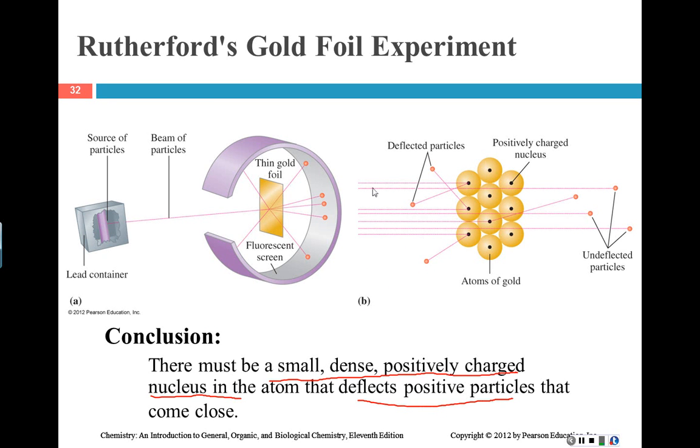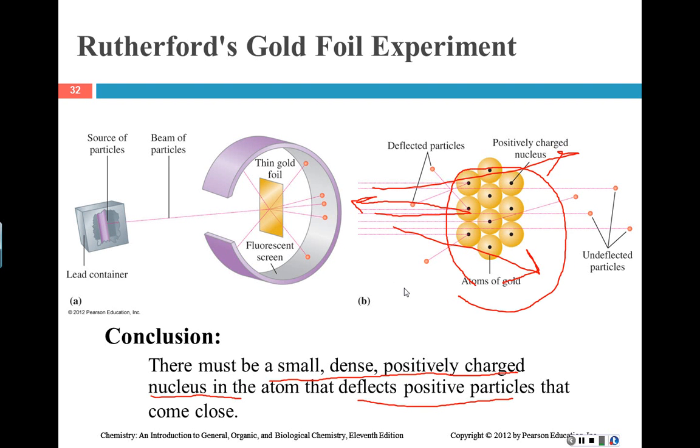So it was mostly space that the particles went straight through, but every once in a while one would be reflected back because it hit something that was positive. So he decided that these positive charges were in the nucleus, in a nuclear region, and the rest of it was mostly space.